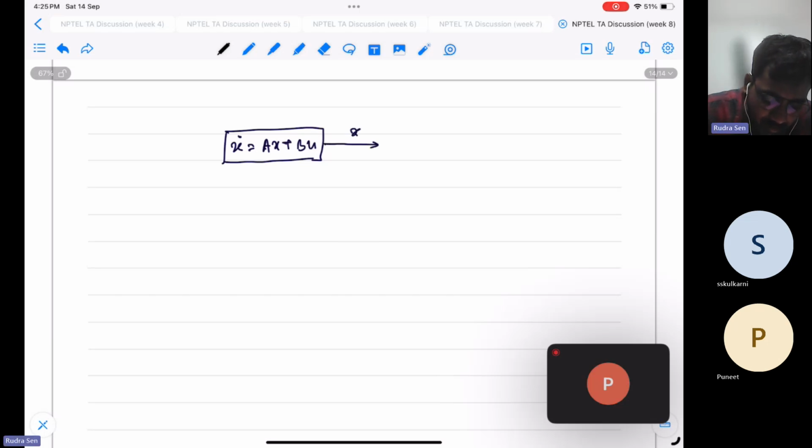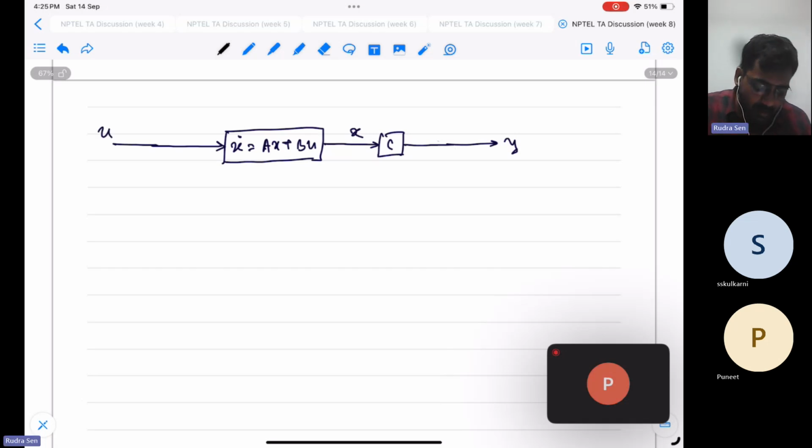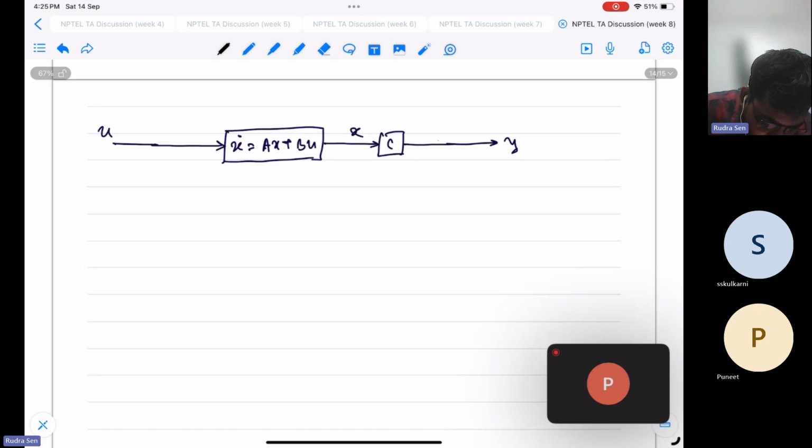From this plant, I am getting x, multiplied with C, I get y, and I am giving u to the plant. This is my observer dynamics.